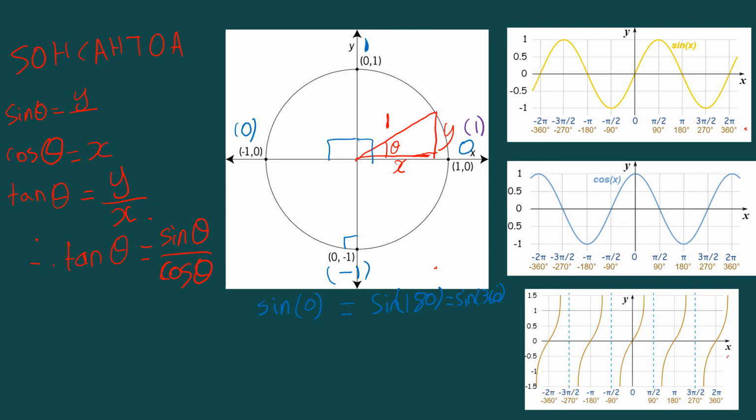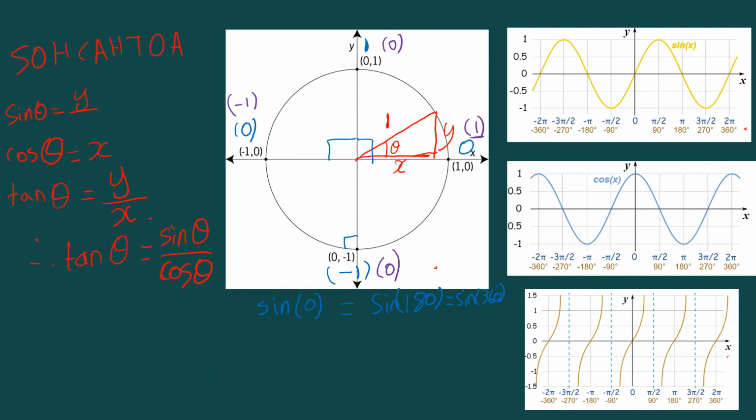Okay. Cos of 90 is 0. Cos of 180 is negative 1. Cos of 270 is 0. Cos of 360 is basically 1 again.